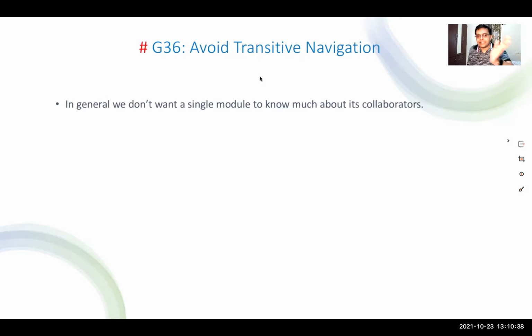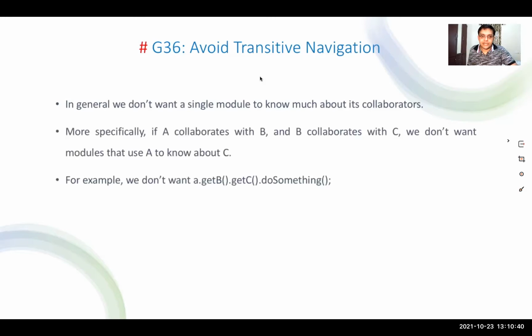So transitive navigation means, in general, I don't want a single module to know much about its collaborators. Suppose A collaborates with B and B collaborates with C. We don't want A to know about C. A is collaborating with B, B is collaborating with C, but we don't want A to collaborate with C if not required.